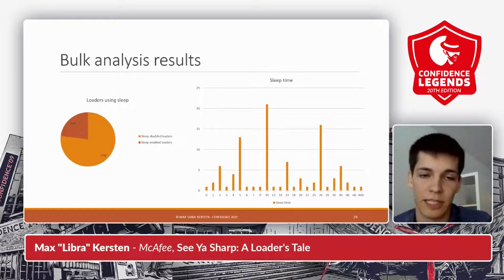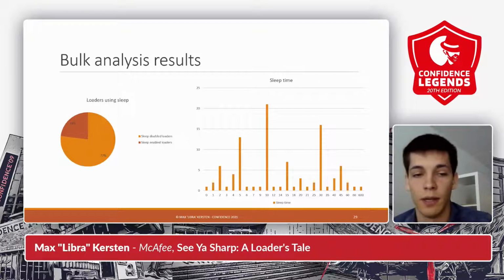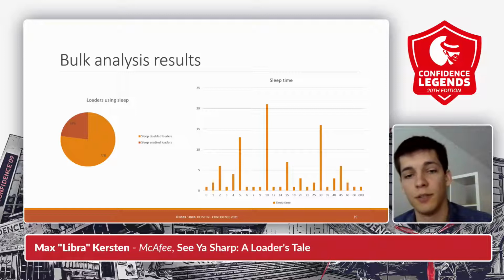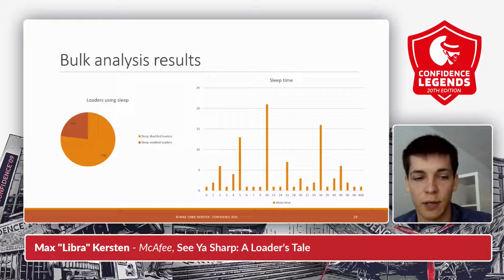And then talking about sleep, or delayed execution, if you will. Only a small percentage of the loaders actually used sleep, about 23%. But what was interesting to see is that the sleep time itself is roughly based around what humans see as round numbers. You can see that there's 5, 10, 15, 30, 45.